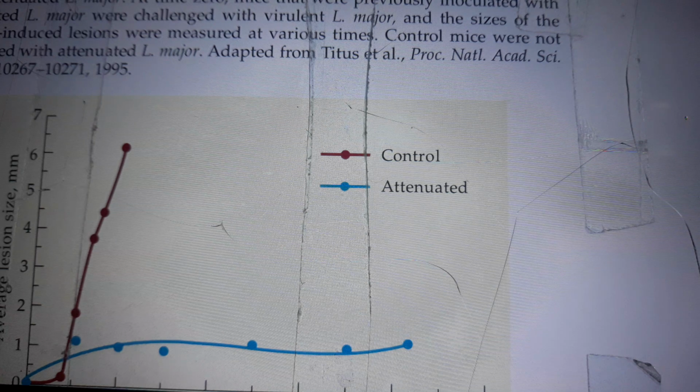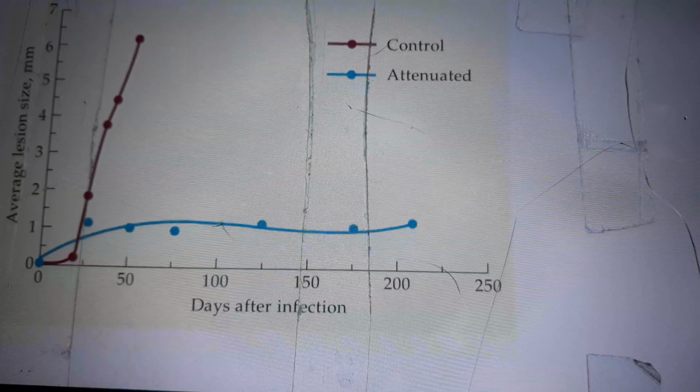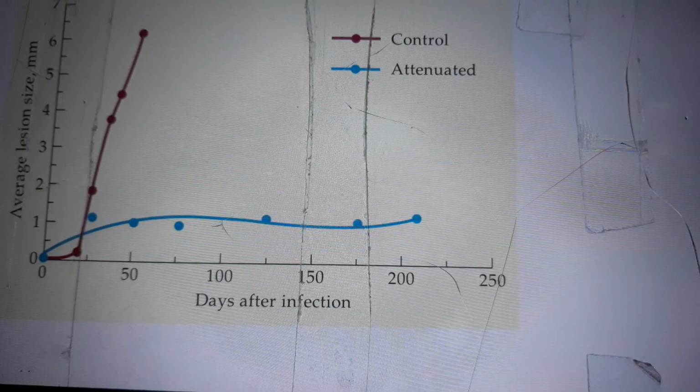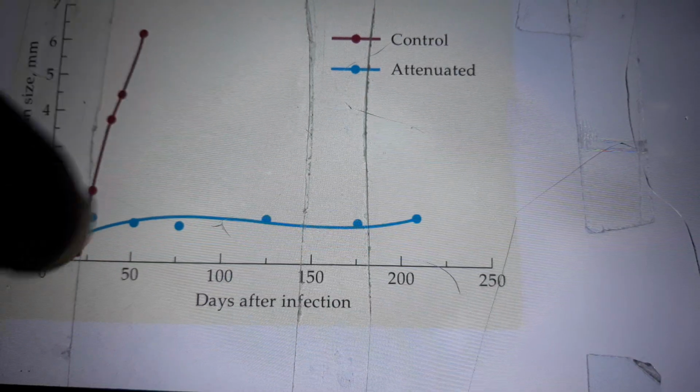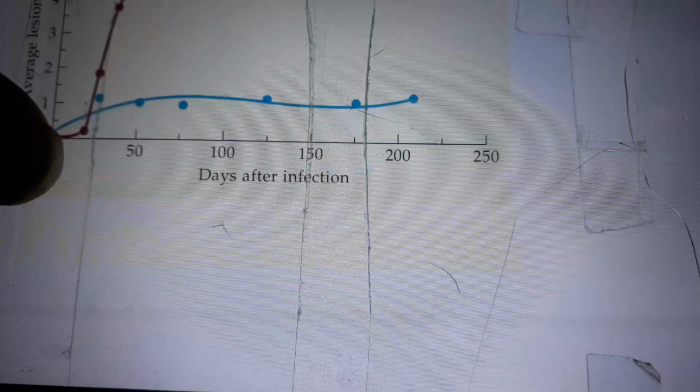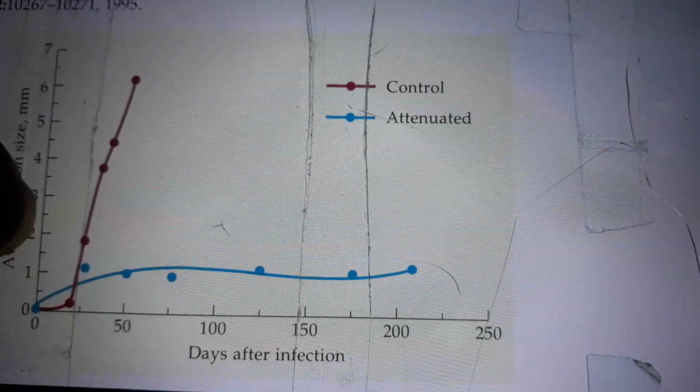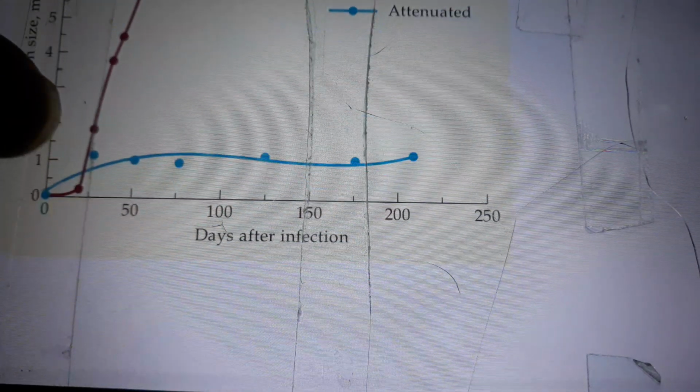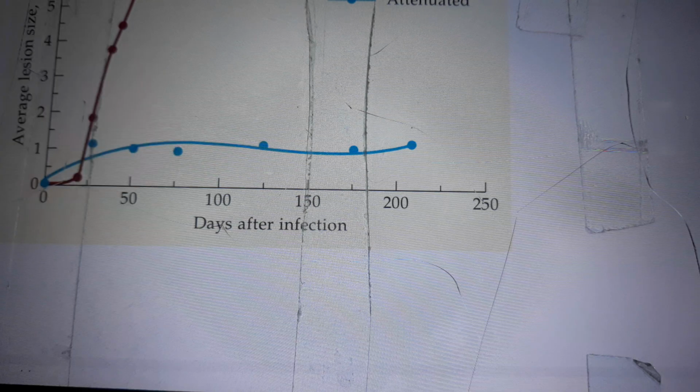Control mice were not vaccinated with attenuated L. major. Adapted from the National Academy of Science. This is the diagram. Vertical axis, you have average lesion size in millimeters, control and attenuated. The blue is attenuated, the other is control. Horizontal axis shows days after infection.